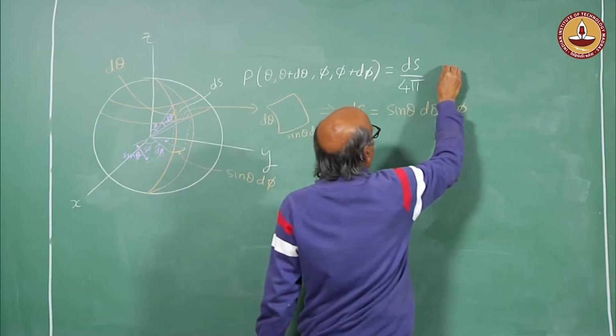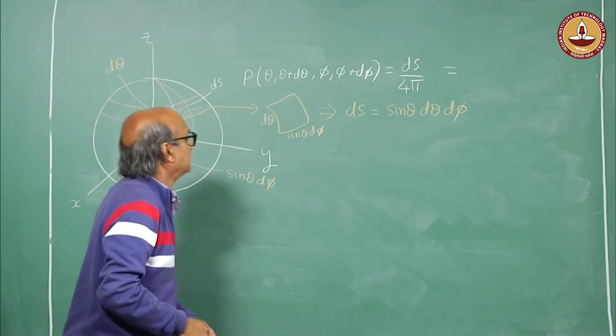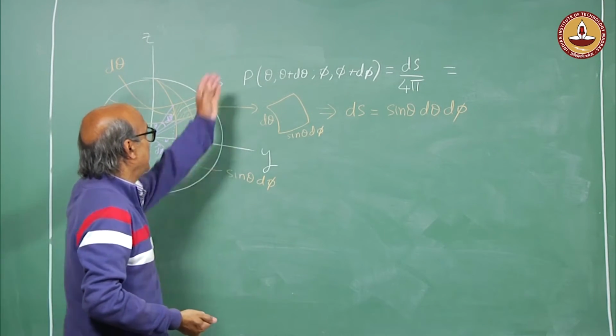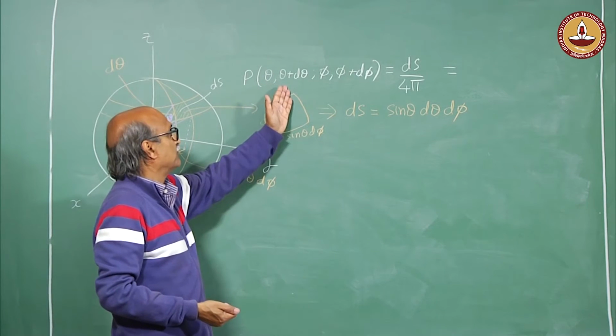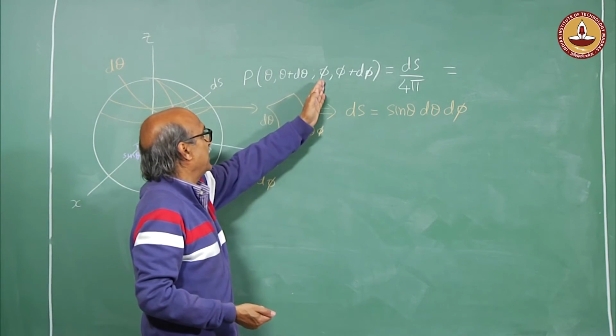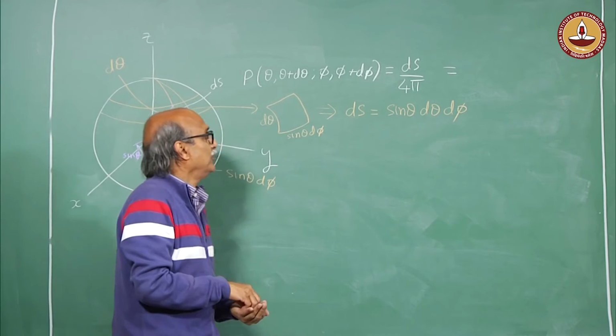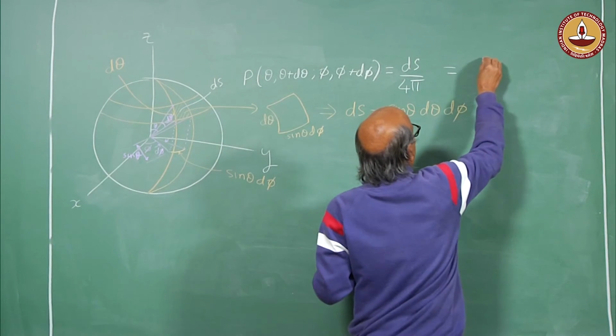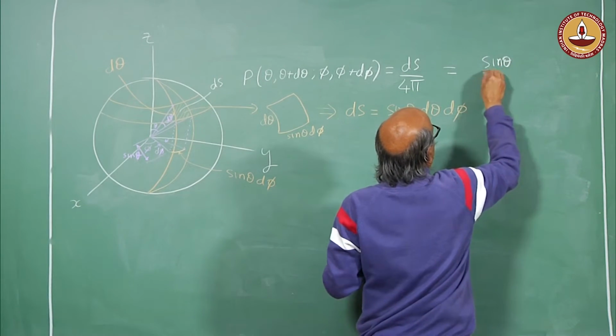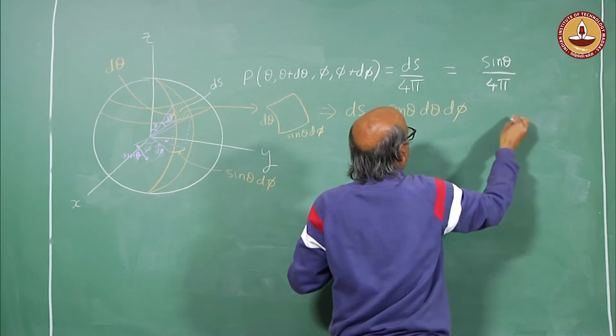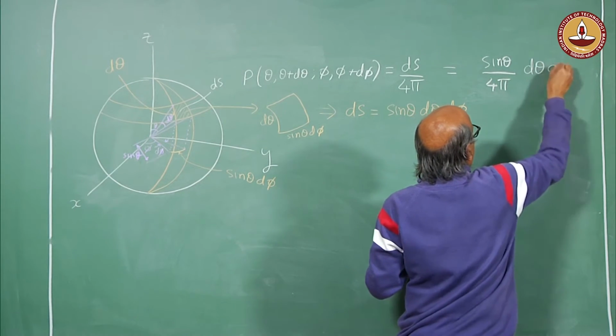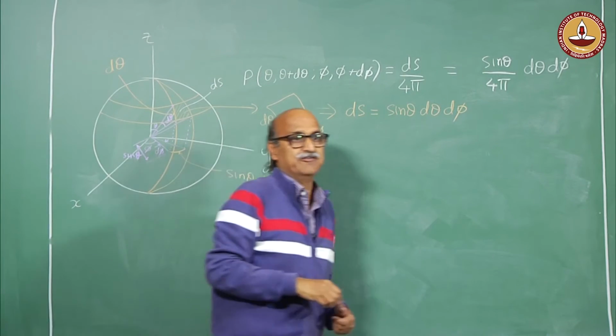Which means that the probability that a random orientation will lie between theta and theta plus d theta and phi and phi plus d phi would be sin theta upon 4 pi d theta d phi.